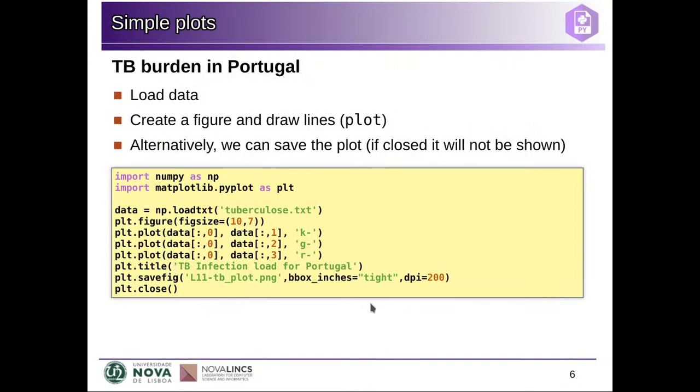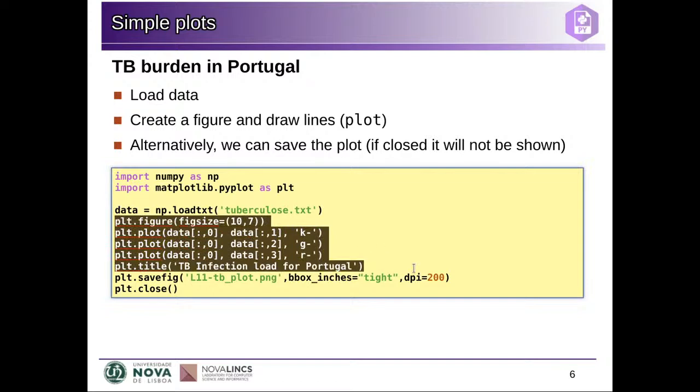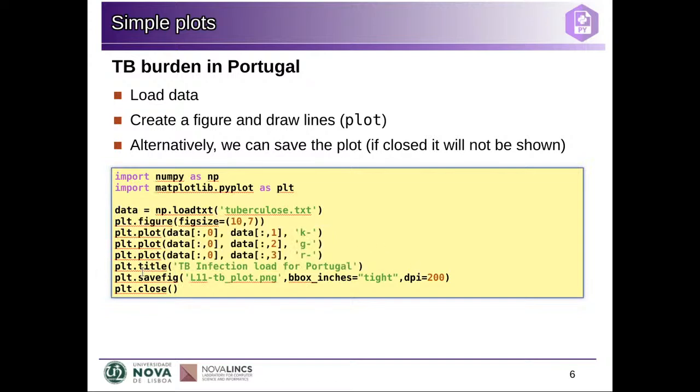So this would be the general approach when you want to automate the generation of images. This would be creating the plot, setting the title, and then using savefig from the pyplot library. This savefig function allows you to specify a file name. It will determine the format by the extension.